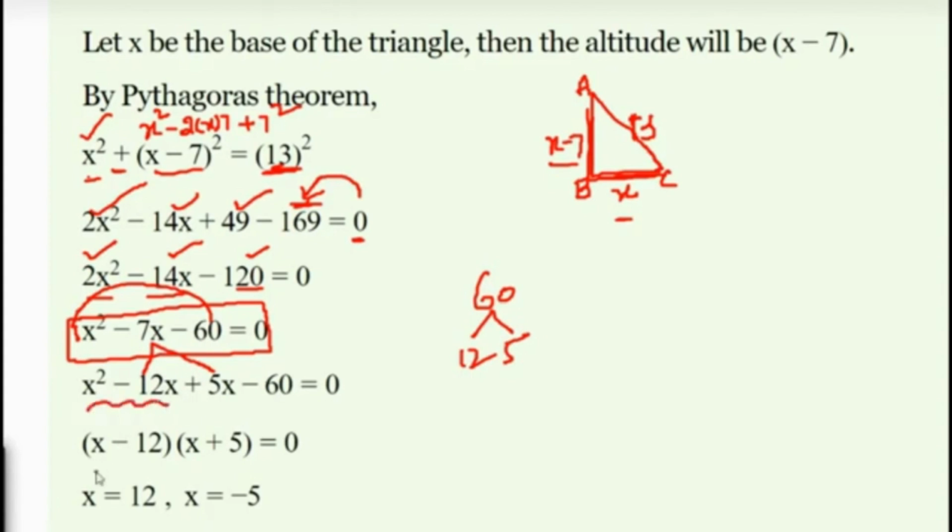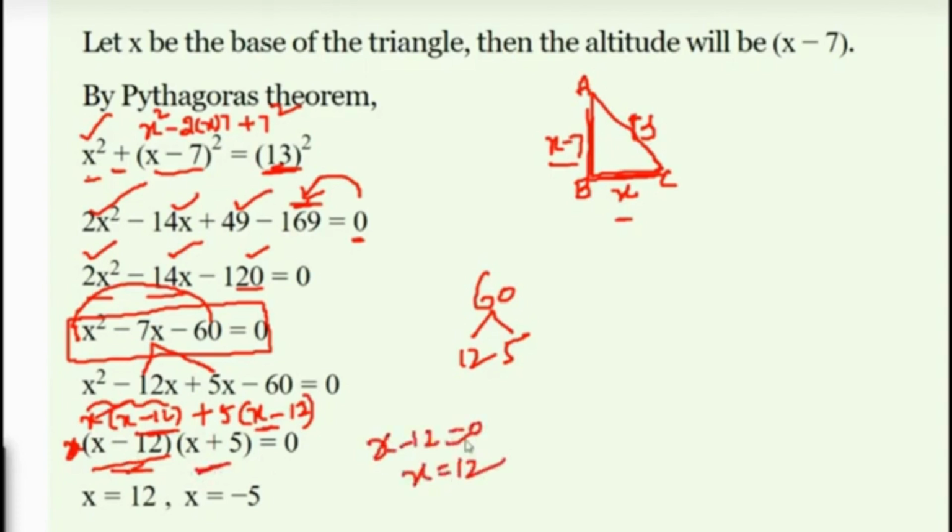In the first two terms, we'll take x common and we'll get x minus 12, and in the second two terms we'll take 5 common, which also gives x minus 12. In both cases we have x minus 12 and x plus 5. So x minus 12 is equal to 0, obviously x is equal to 12. So the altitude of the triangle is 5 and base is 12.